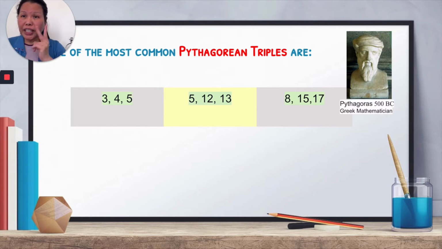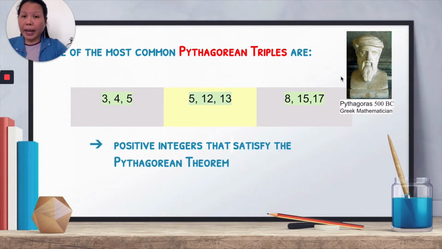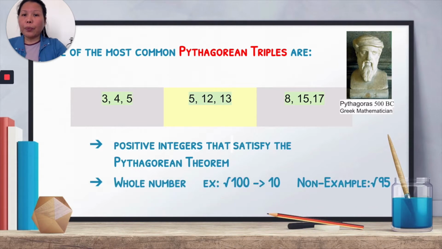There are two conditions that you must have for a Pythagorean triple. The first one is that the three numbers must be positive integers that satisfy the Pythagorean theorem. The second condition is that you must have whole numbers. And by whole number, you have to be flexible. 3, 4, 5 are whole numbers. Square root of 100 is also a whole number.